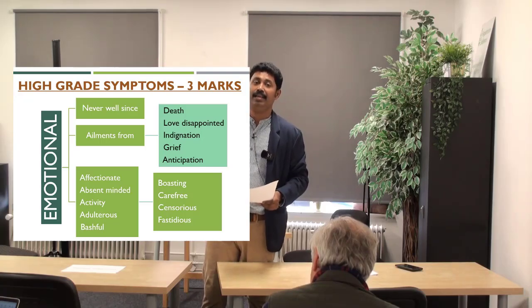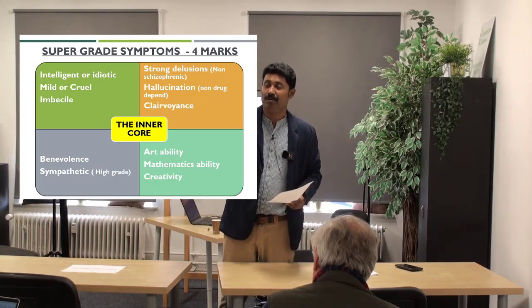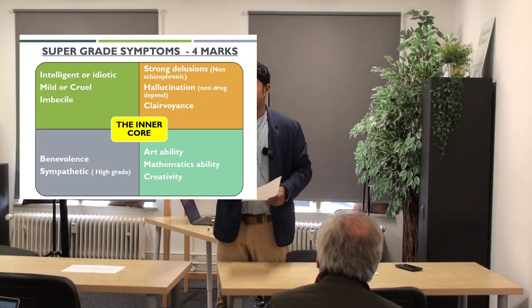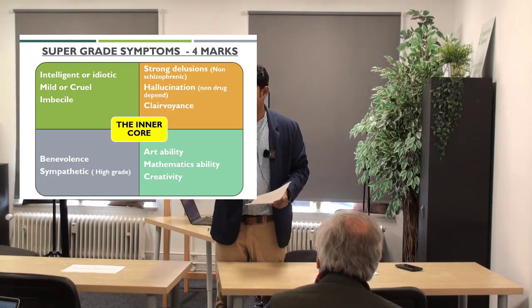High grade, the thing is, the super grade is easy. Because it is easy to know whether a patient is idiotic or intelligent, artistic or benevolent. But when it comes to the third grade, three marks, or the high grade, emotional, that is difficult. For that, you need an objective study.